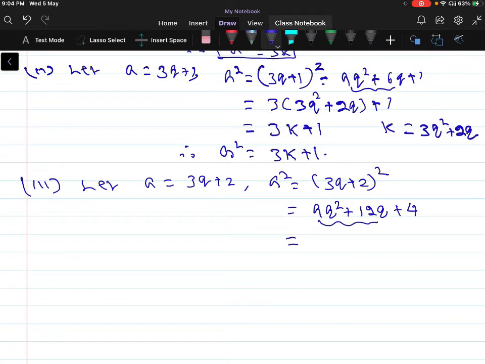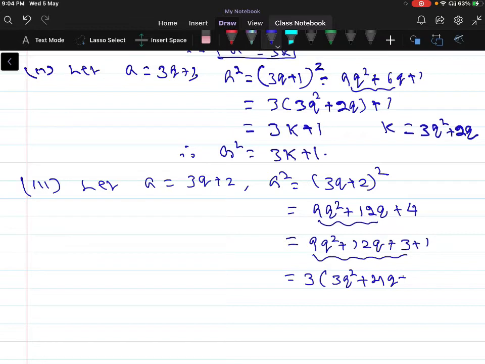This is equal to 9 times of q square plus 12 times of q plus 3 plus 1. From the first three terms, we can take a common 3 here. 3 times of 3q square plus 4 times of q plus 1, plus 1.